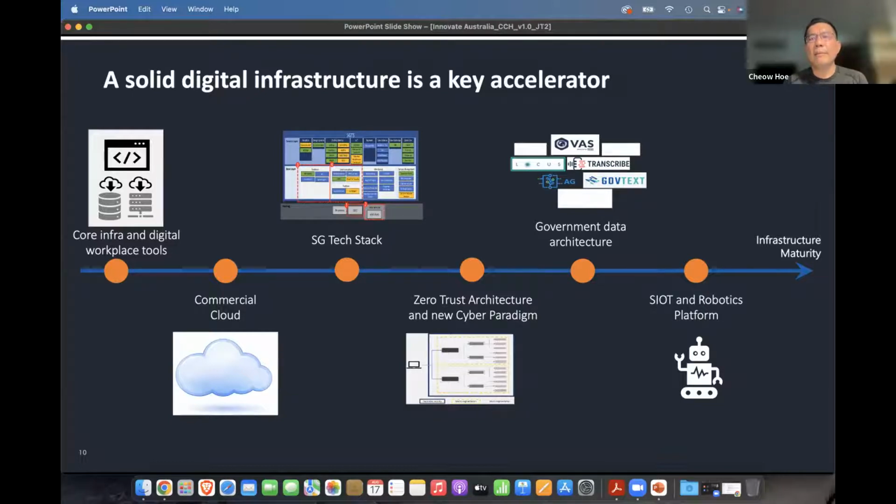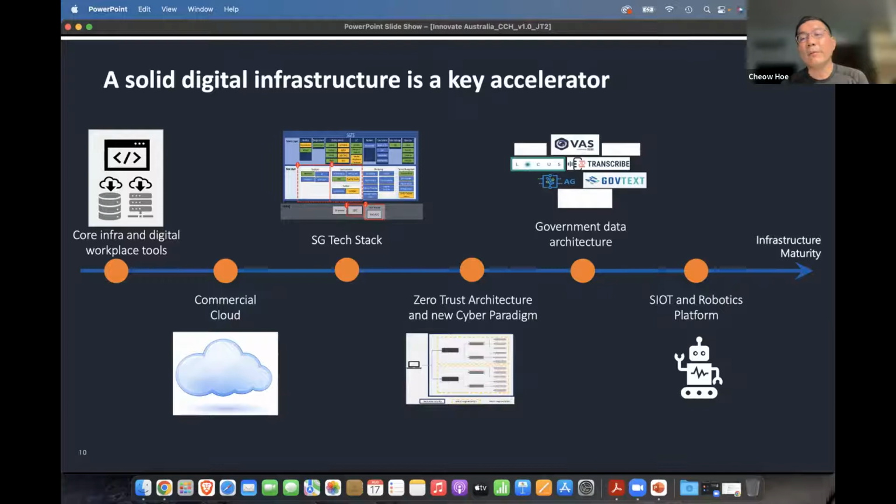And really build a data architecture and provide the data engineering needed to allow data to flow very quickly and with high quality across the government, so that a lot of things can be built without necessarily having to reinvent the wheel.